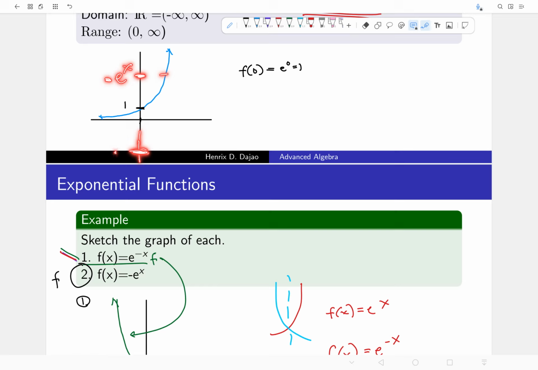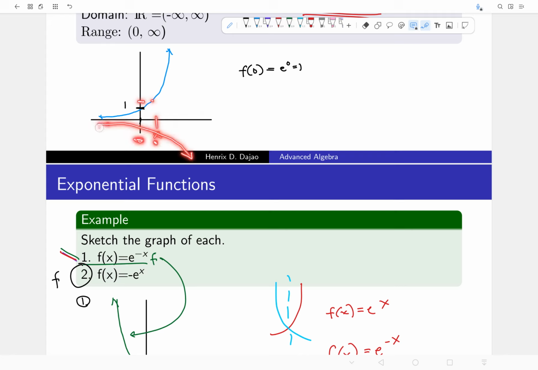So now the value of this will be here. So for the corresponding point x, this becomes right here, corresponds here. So for any x, we have a corresponding negative value. Okay, so now this is the reflection.